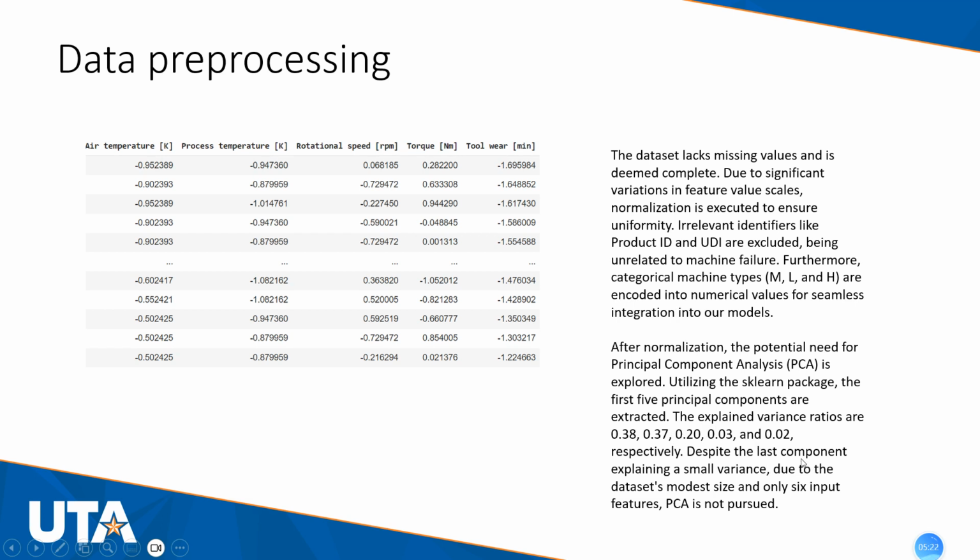They are around 90%, but since there are not many features in this data set, we want to keep all the features during training. So we decide not to use PCA. We just use the normalized version of each feature as input to our machine learning models.